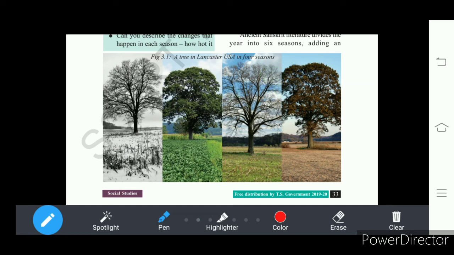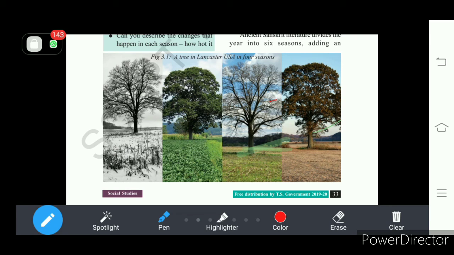This is a picture of Lancaster in the USA. It snows heavily in northern countries during winter. In America, where is America? It is located to the north of the equator, right? Which is far from the equator.